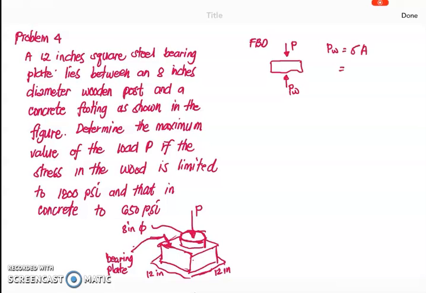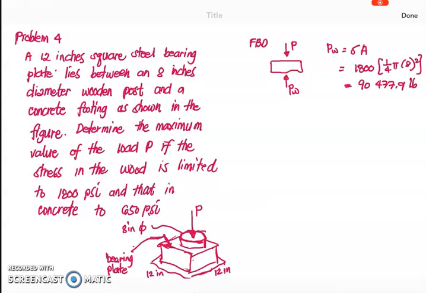In our given problem, our limiting stress for the wood is 1,800 psi multiplied by our area, which is pi d squared all over 4, and the diameter is 8 inches. So if we try to simplify this one, this is equivalent to 90,477.9 pounds.